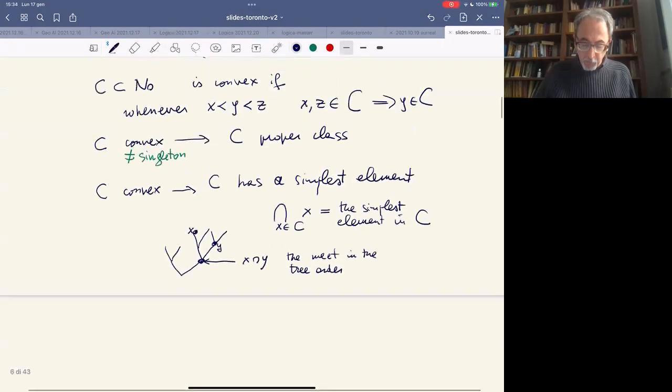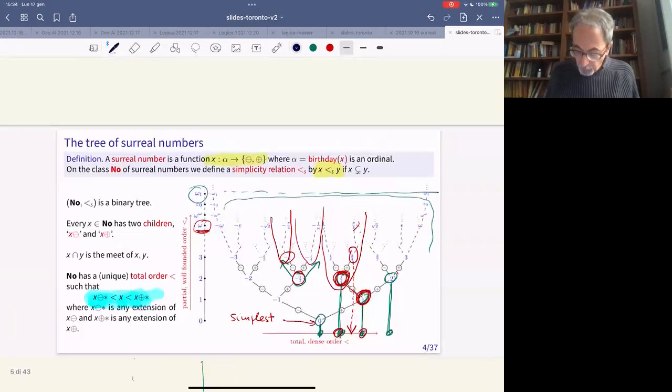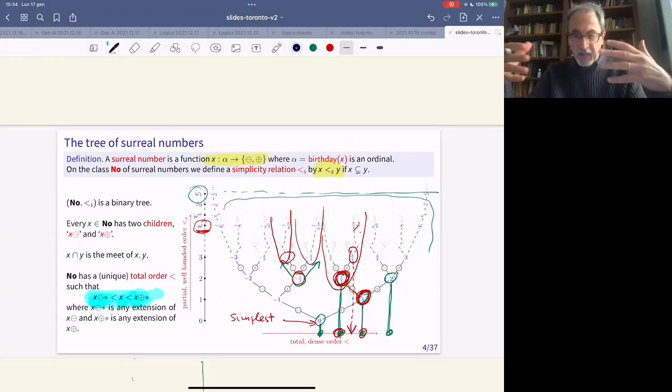But if you don't really like proper classes, you could stop at level omega 1, then you don't get a proper class. Then you only have countable ordinals, and omega 1 is the least uncountable ordinal. Many of the things that I'm going to say work perfectly well, with minor modifications, in this fragment of the surreal numbers. In particular, already in these fragments you can define a lot of operations like plus, times, exponentiation, infinite sums, and you can embed the transseries inside it.